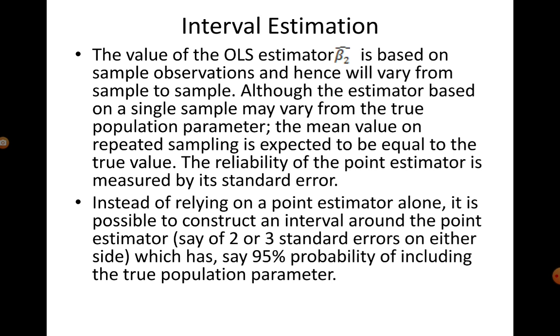And our assumptions ensure that the mean value of the beta 2 hat when we take repeated samples will equal the true population parameter beta 2. The reliability of the point estimator beta 2 hat is measured by its standard error. Standard error is the same as standard deviation of the variable beta 2 hat, right?